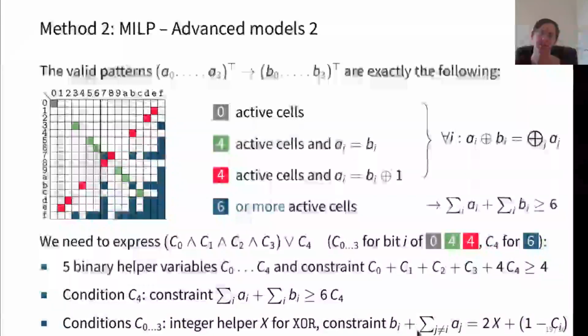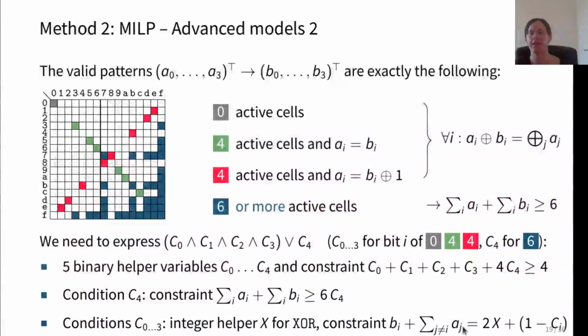And we can translate this by saying that the integer sum of BI and all the A's needs to be an even number. Because if it's an even number, then the XOR is 0. So XOR is simply computing modulo 2. So it needs to be an even number, 2 times x for some x. And now we allow this constraint to be either satisfied or not. And we do this by adding 1 minus the C0 here.